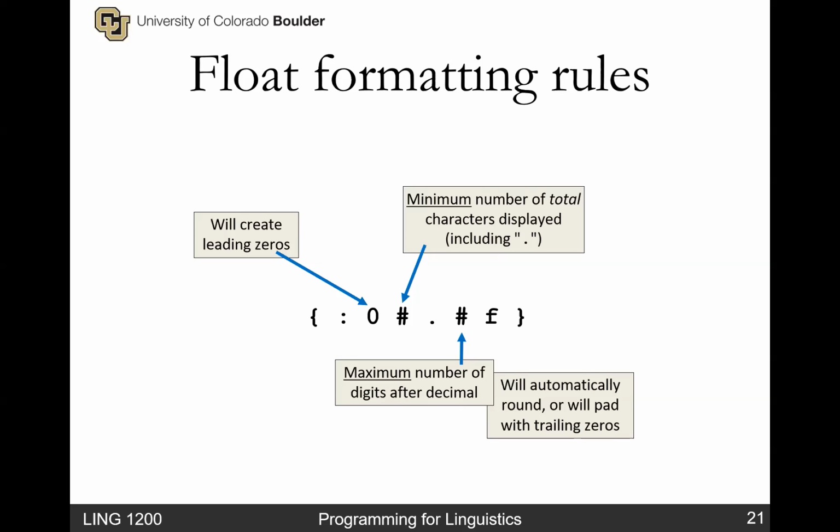It's actually going to round. So it's going to round to that 3rd place after the decimal. So it's either going to automatically round or it's going to pad with trailing zeros depending on how many numbers you have and what you specify here. And once again, I put spaces in here to make it easier to read on the slide. You would not want to put spaces in the code.